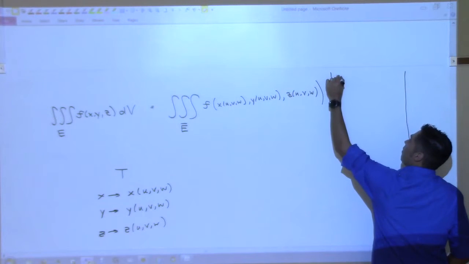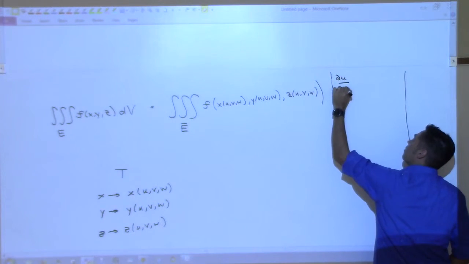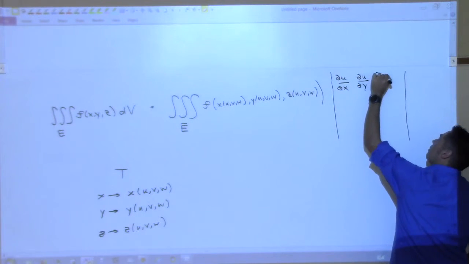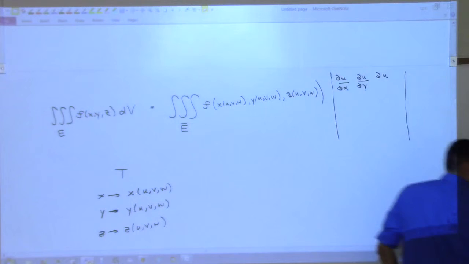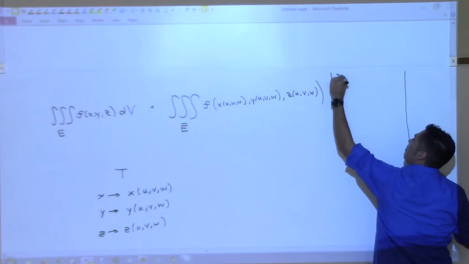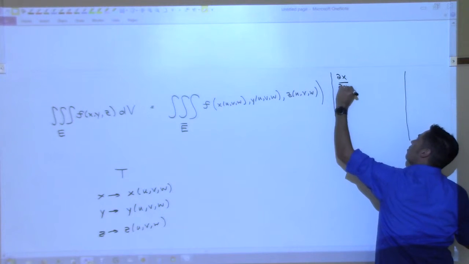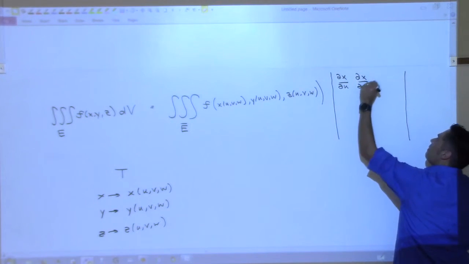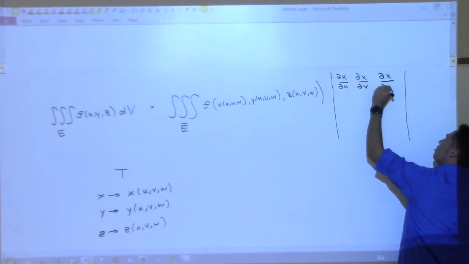So it's going to be the partial of u with respect to x, partial of u with respect to y, partial of u, oh, I've got that wrong, sorry. Pardon my language. I meant to put partial of x with respect to u, partial of x with respect to v, partial of x with respect to w.